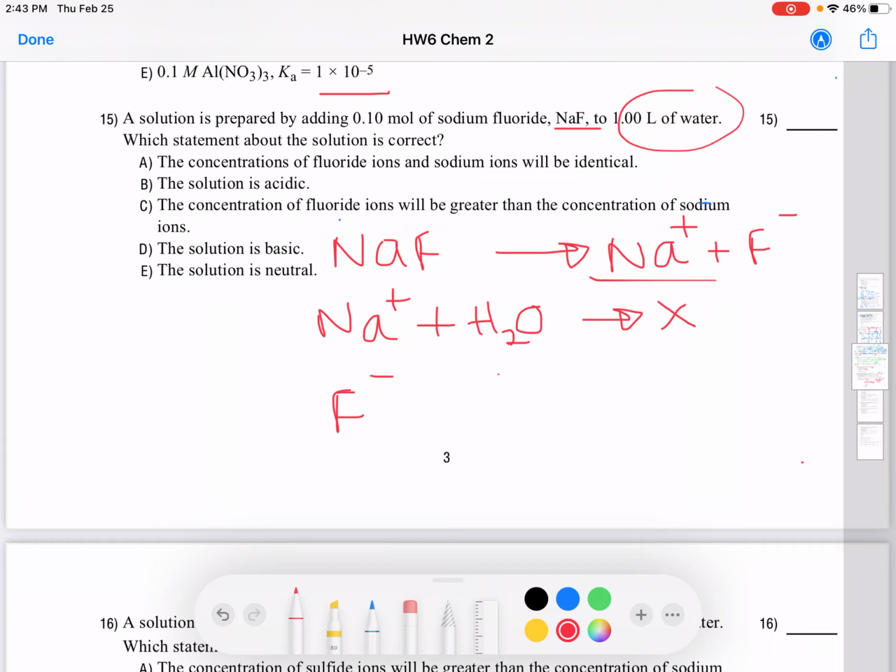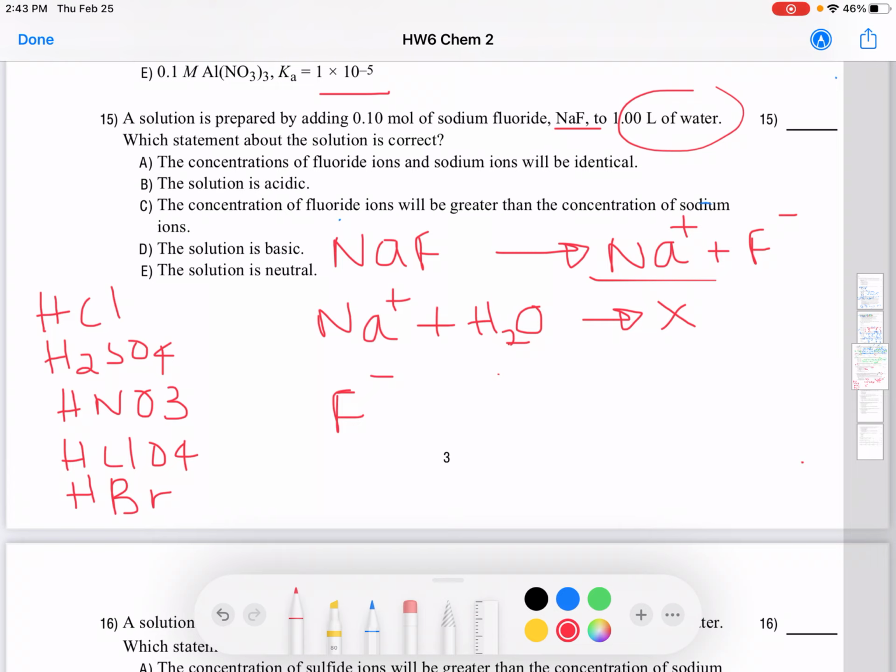Is the fluoride ion the anion of a strong acid? Remember, our strong acids are hydrochloric acid, sulfuric acid, nitric acid, perchloric acid, and also the hydrohalic acids HBr and HI.